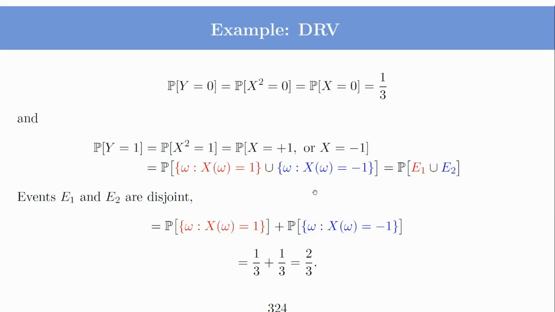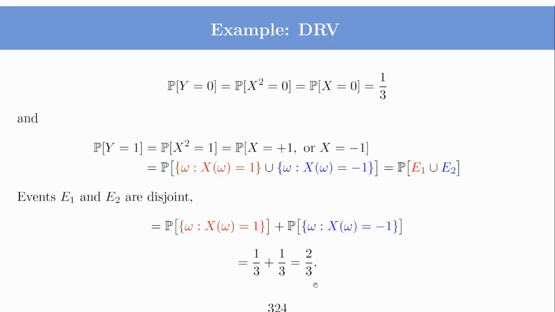So applying the probability axiom, the probability of the union of two disjoint events is the summation of the probabilities of both events. So this will be equal to probability of E1 plus probability of E2. Probability of E1 is the probability of omega such that x omega is 1, which is the probability that x equals 1, which is the PMF of x at 1, which is 1/3. This is the PMF of x at minus 1, which is 1/3. So this summation will be 2/3.